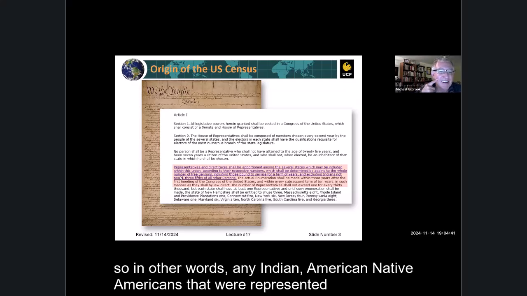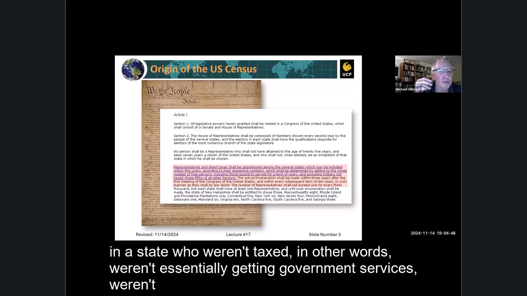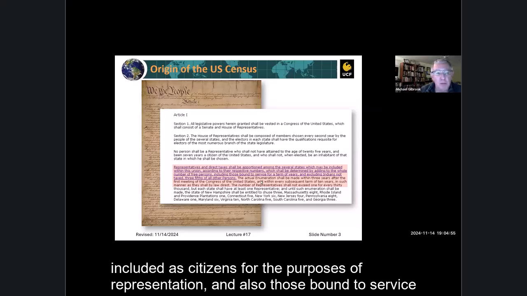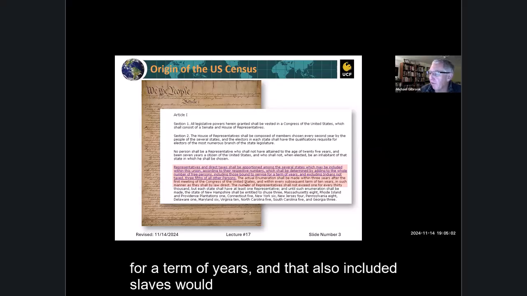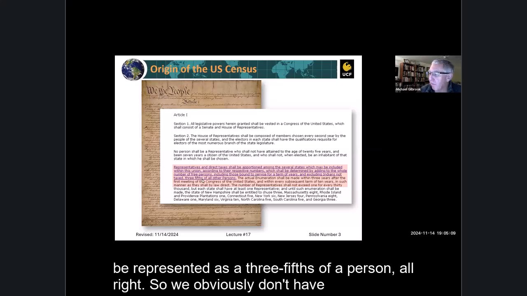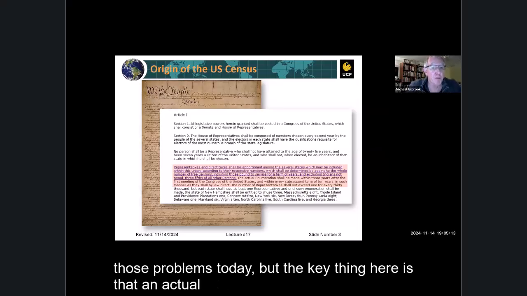In other words, any Native Americans in a state who weren't taxed, who weren't essentially getting government services, weren't included as citizens for the purposes of representation. And also those bound to service for a term of years, which also included slaves, would be represented as 3/5 of a person. All right, so we obviously don't have those problems today.